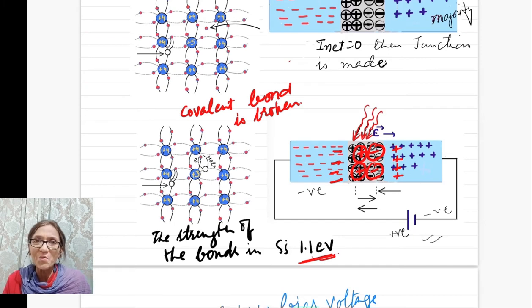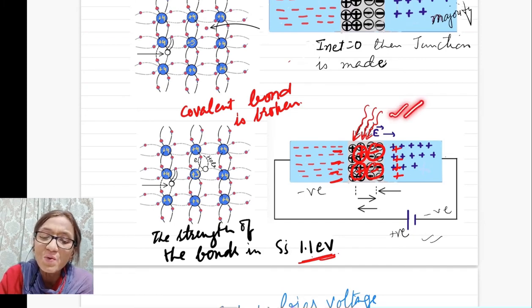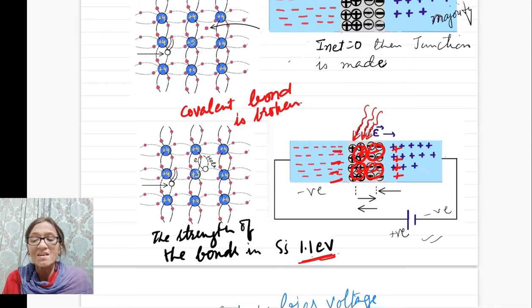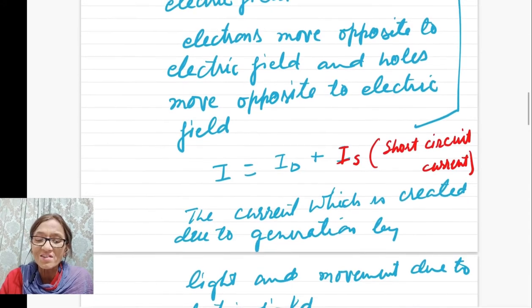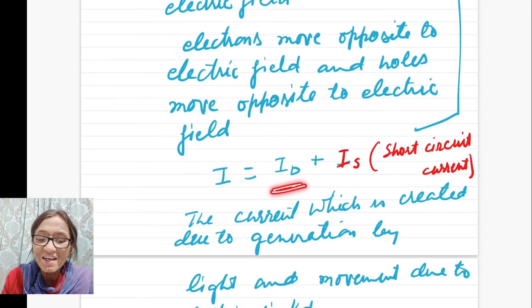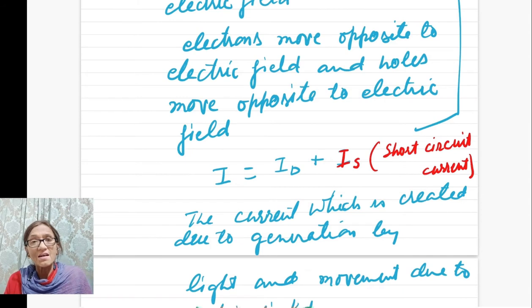And if there is movement of charges due to this light radiation, this light radiation has created a new current, and that current is called short circuit current. Initially you had a reverse bias current, that is also called dark current.